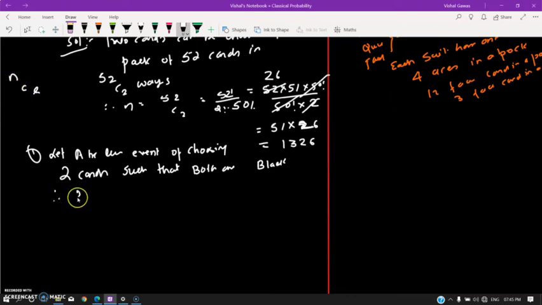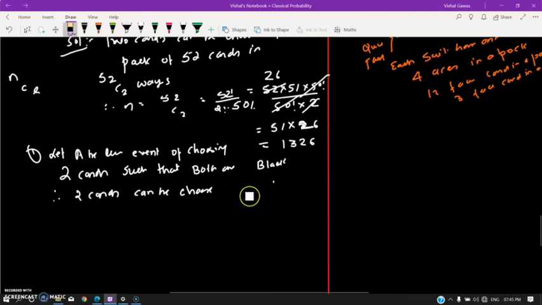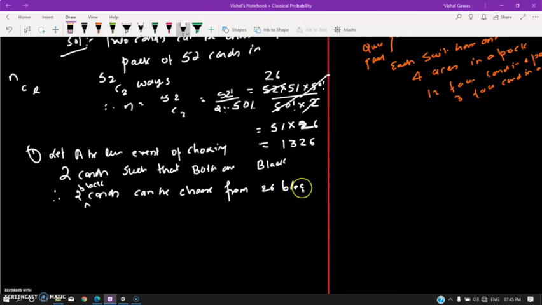Therefore, two black cards can be chosen from 26 black cards in 26C2 ways.